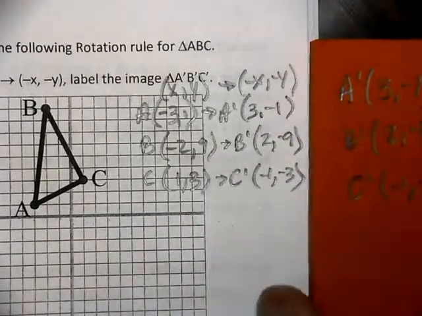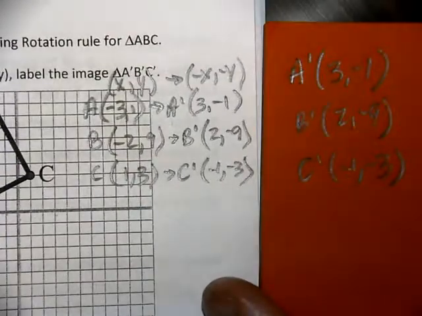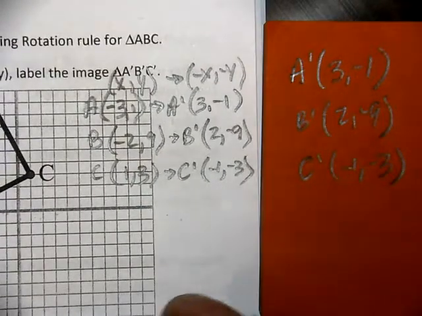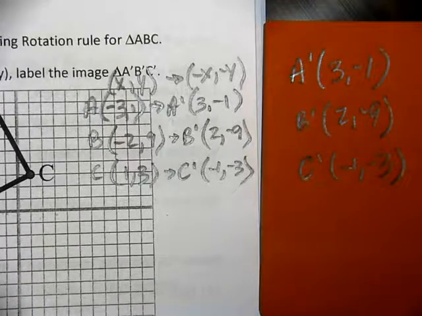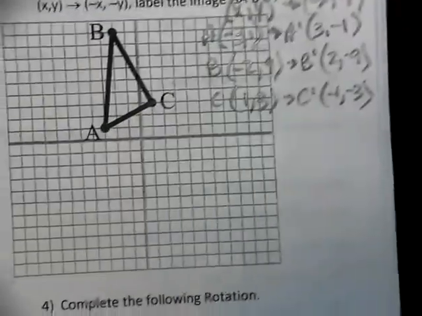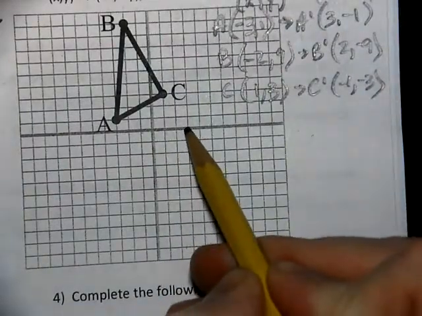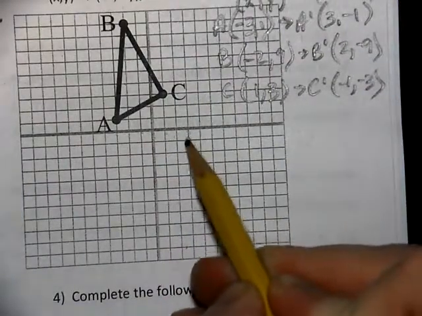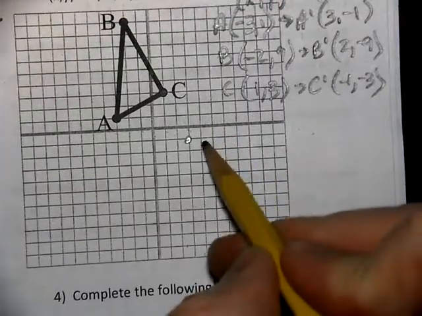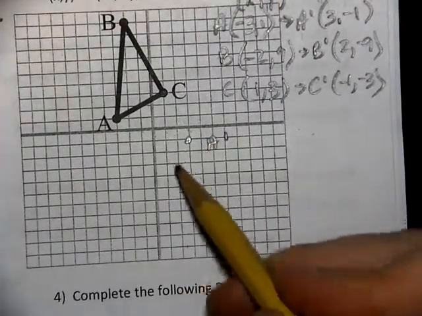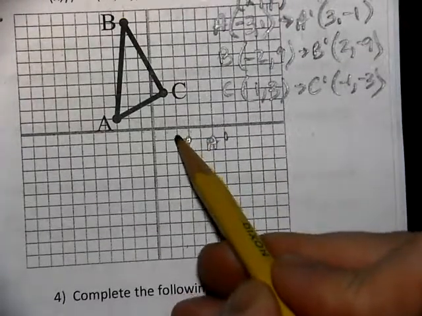We can compare that with what we calculated earlier and see that they matched. So either process works. It's up to you to determine which is best for you. It's 3, negative 1. That's A prime. 2, negative 9.